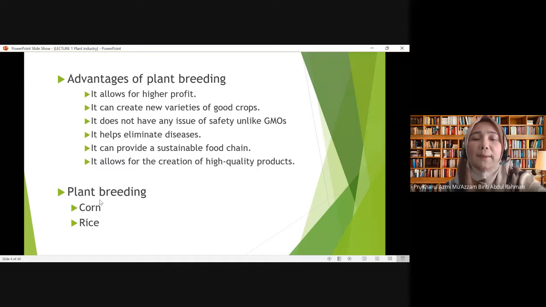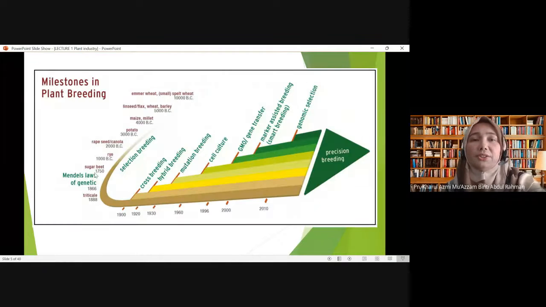Okay, so this is an example of the plant breeding. We have the corn and also rice ya. Ini contoh tanaman yang telah melalui the plant breeding process. Okay, so this is more like a history or a milestone in plant breeding. Macam mana plant breeding ni evolution dia, from the earlier one, daripada cross breeding in 1900 ni.